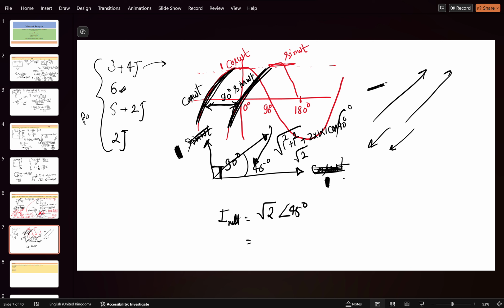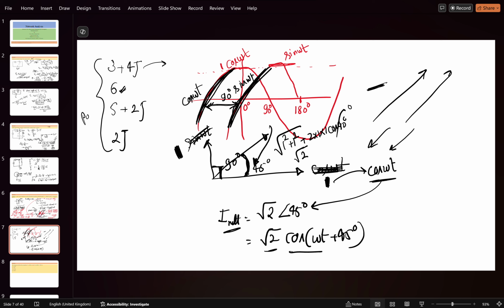Then what was the reference? Reference was cos omega t. So you can represent this in terms of cos omega t, like this, root 2 cos omega t plus 45 degree. Getting my point? Because you have already taken the cos as a reference, net is coming 45 degree leading. Okay, so you can represent this I net as root 2 cos omega t plus 45 degree.